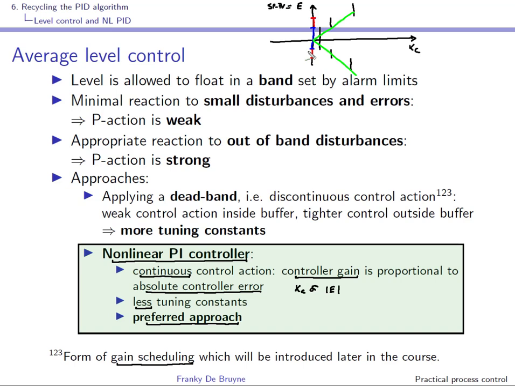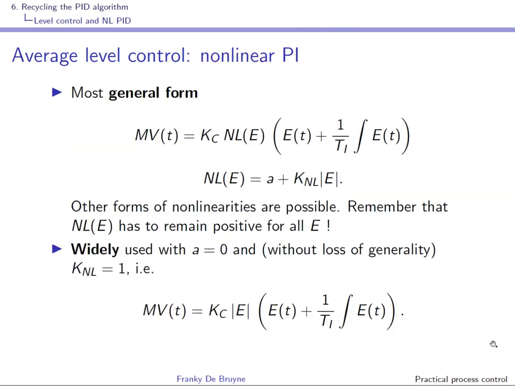Depending on the proportionality factor, Kc will evolve linearly with the absolute value of the error. The most general form of the nonlinear PI controller that implements this idea introduced in the previous slide is this one over here. You recognize a PI controller, but you have here a nonlinearity that acts on the control error. Here you have one candidate, but you can come up with other nonlinearities.